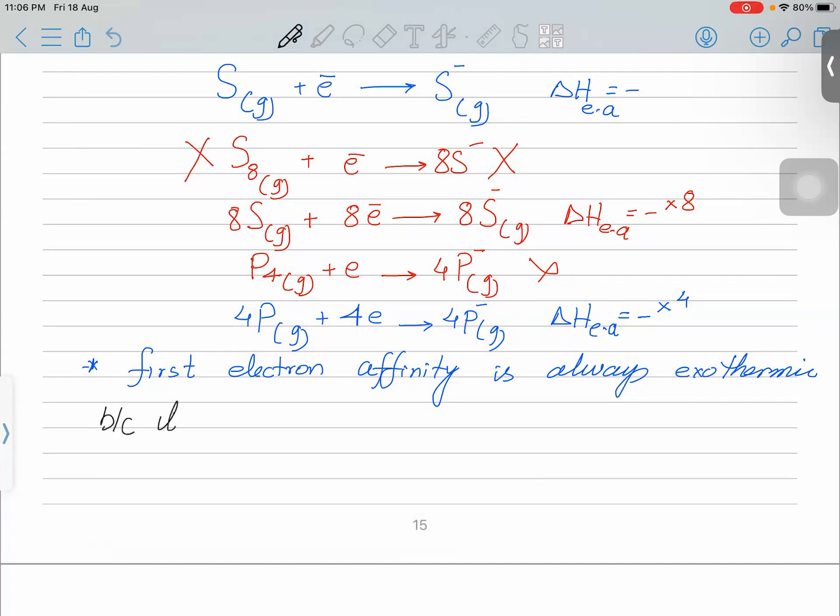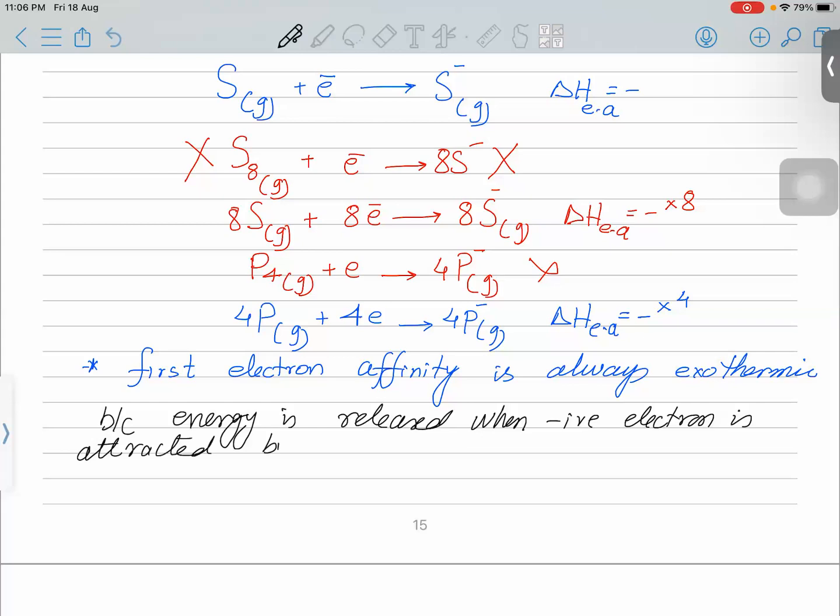Because energy is released when a negative electron is attracted by the positive nucleus.